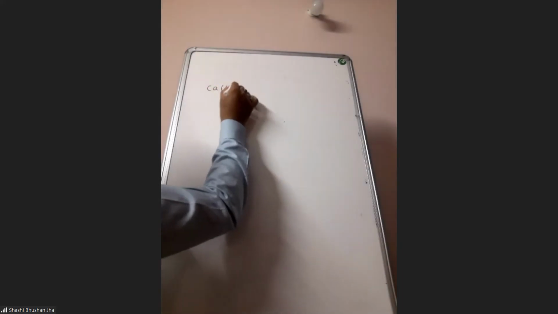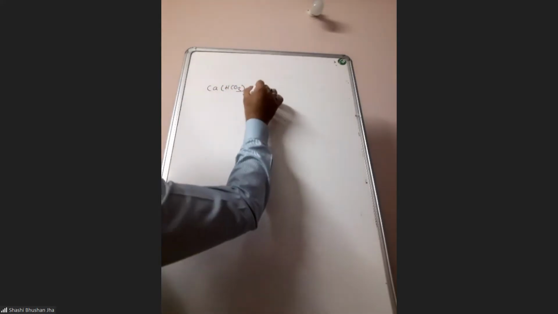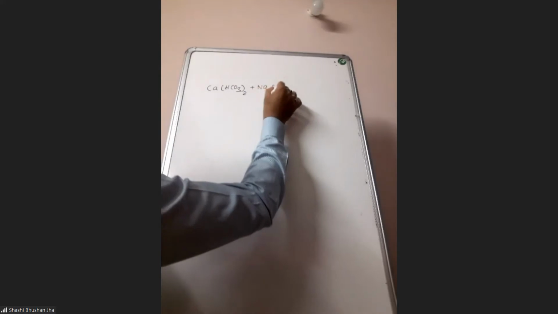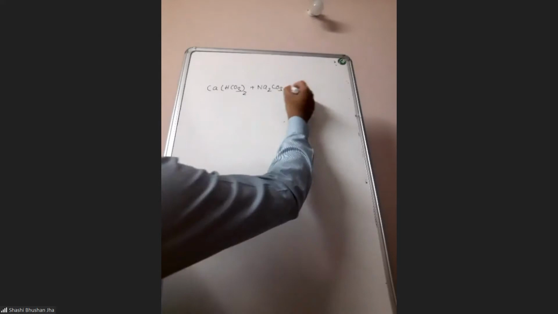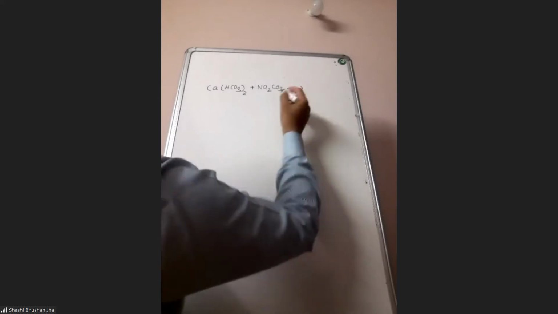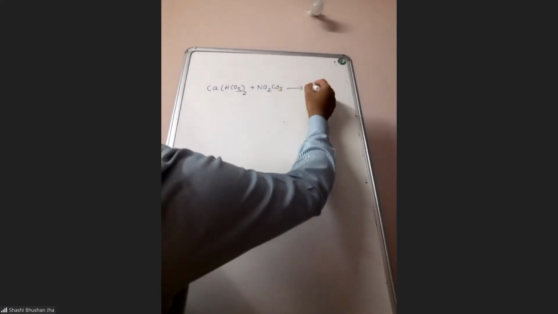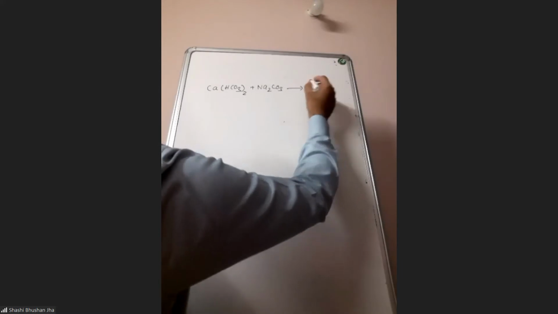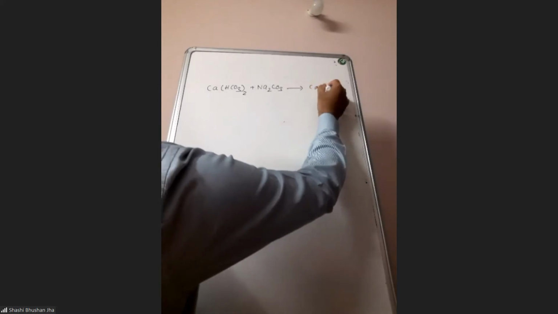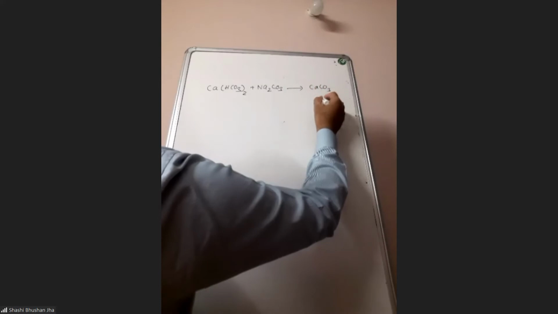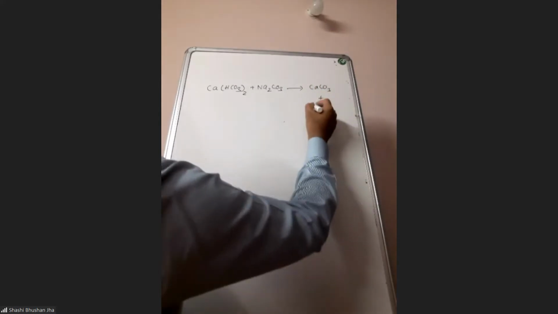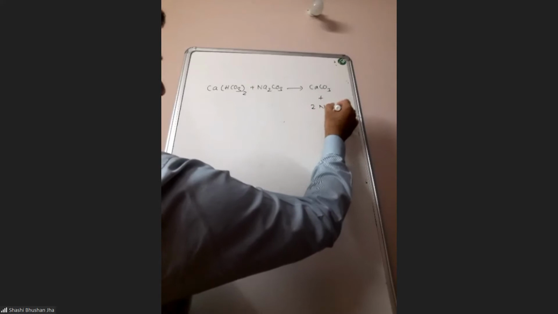Temporary hardness is because of the presence of bicarbonates of calcium and magnesium. If you add sodium carbonate here, this will give you calcium carbonate and 2 moles of sodium bicarbonate.